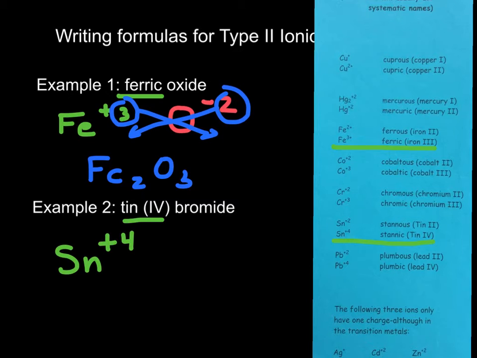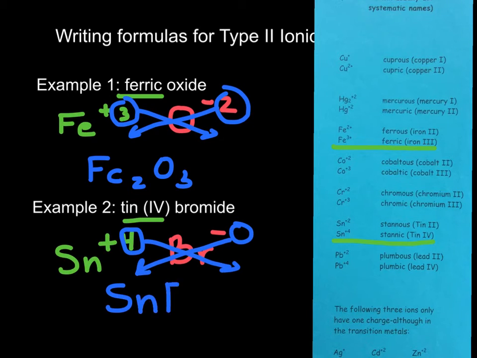Looking at bromide, we know that bromide comes from the element bromine, which is a halogen in group 17. Group 17 elements have 7 valence electrons. From an energy standpoint, it makes more sense just to gain 1 more. So bromine forms a -1 charge. When we crisscross our values of our charges, we get a formula of SnBr4.